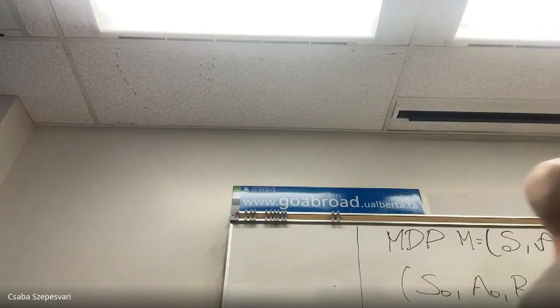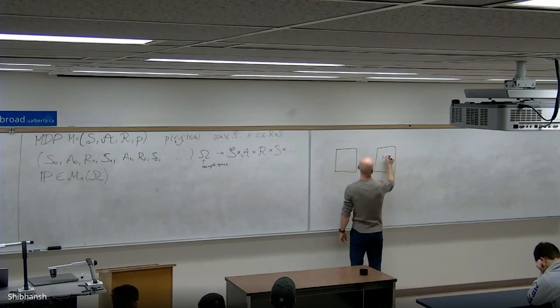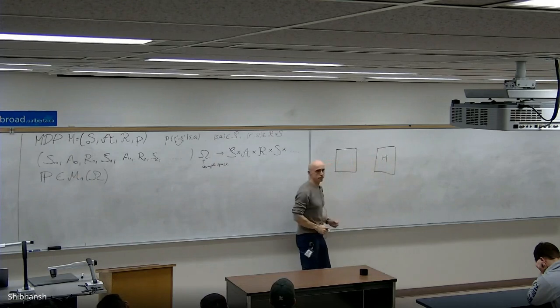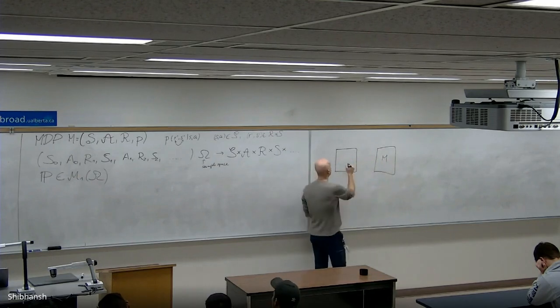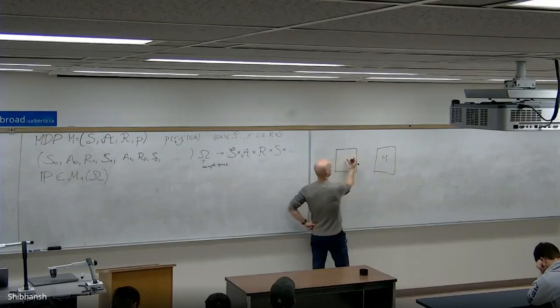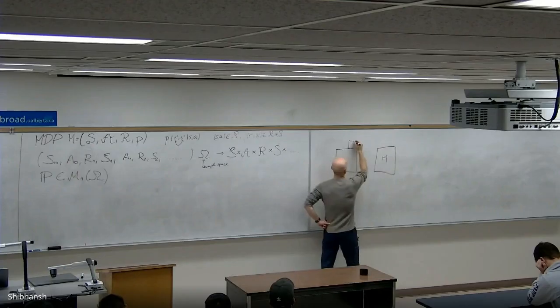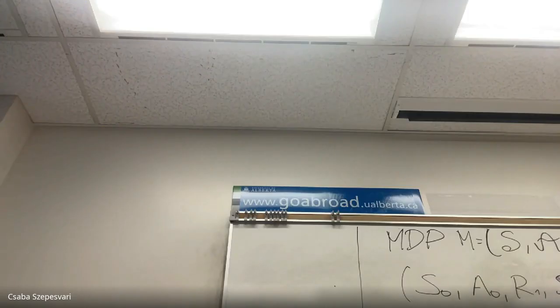So the idea is that you have this environment. This is modeled with M, with this transition kernel. And you put here something that sends the actions.